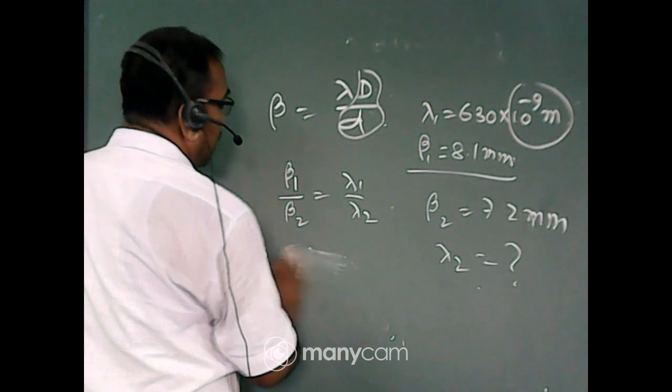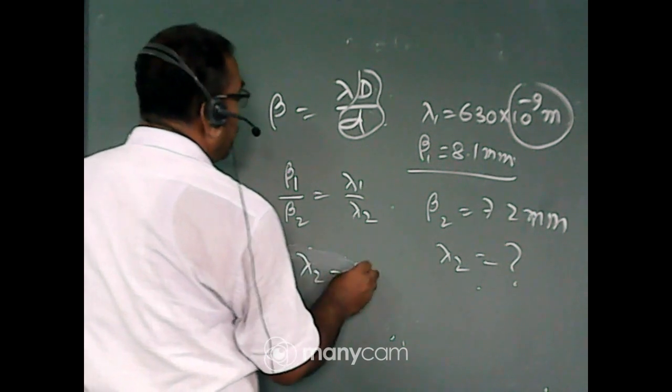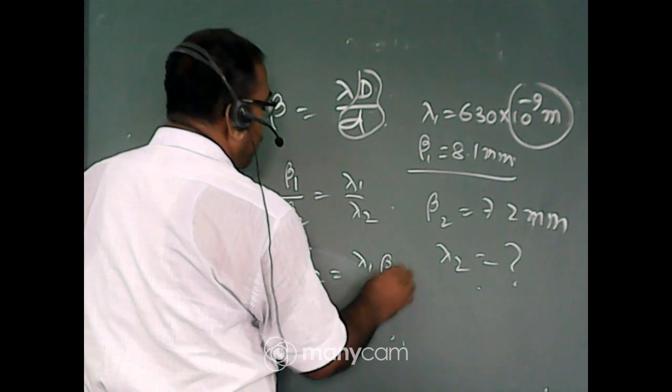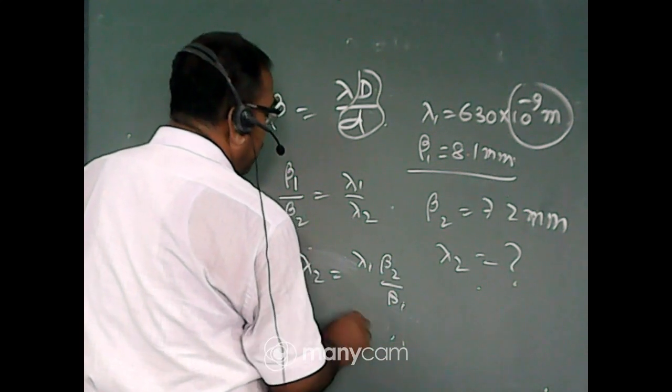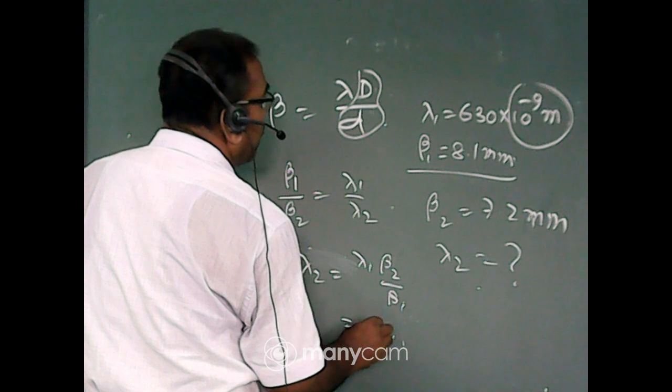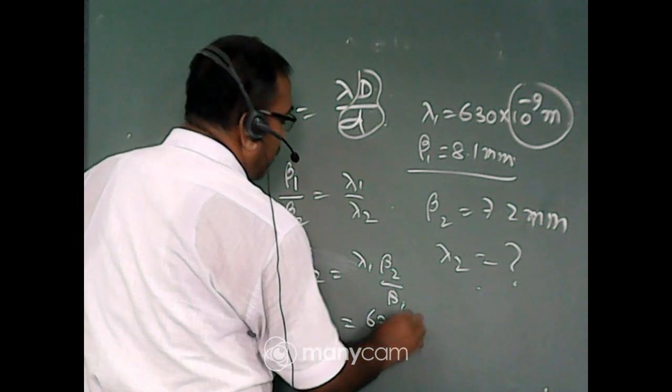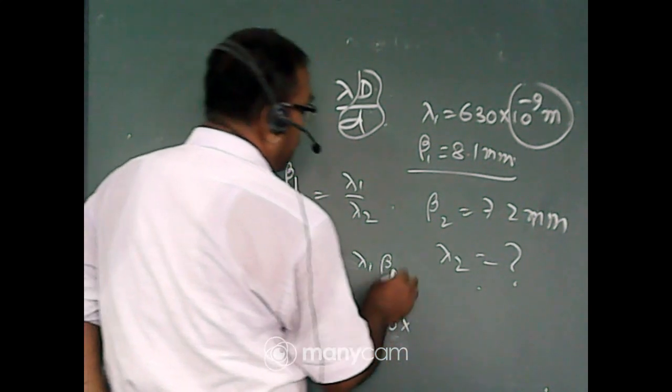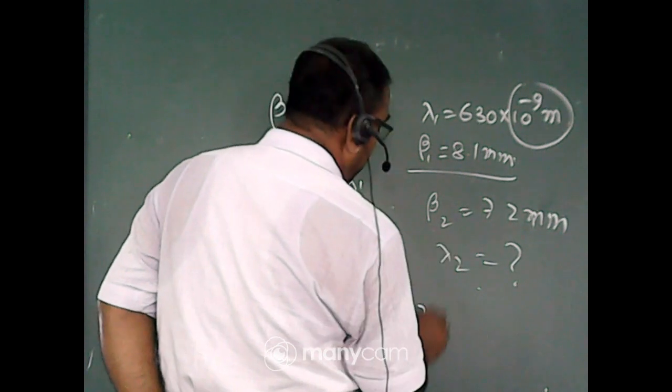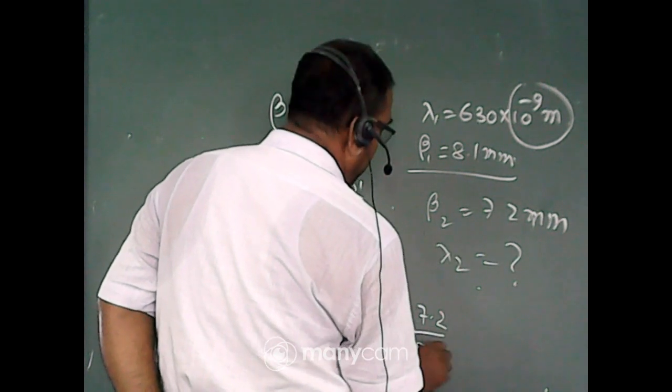Lambda 2 equal to lambda 1 beta 2 by beta 1. So lambda 1 means 630 into beta 2 by beta 1. Beta 2 means 7.2 by 8.1.